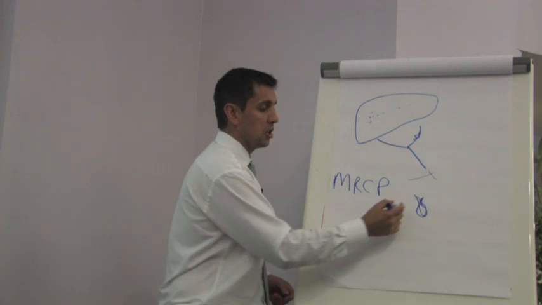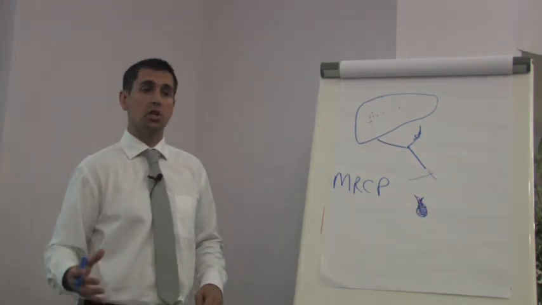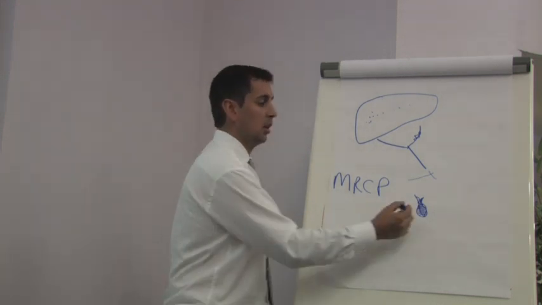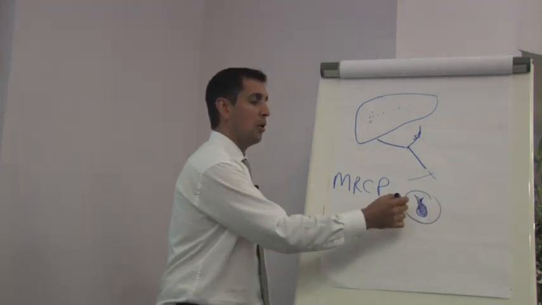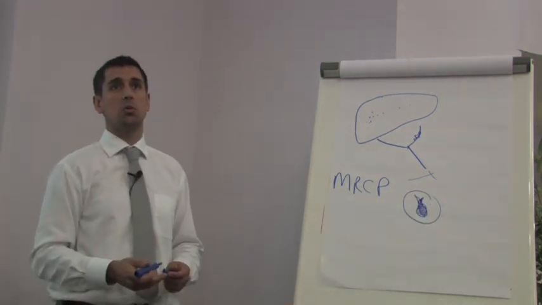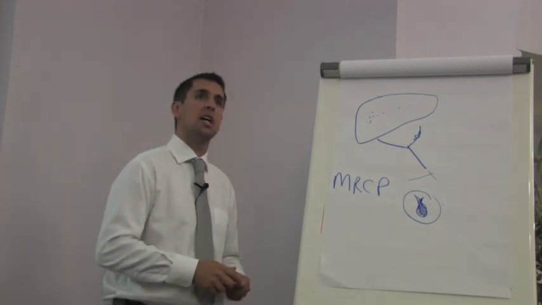So you deposit iron in your pituitary gland, meaning the pituitary gland doesn't work as well as it should, and that's why you end up with impotence and hypogonadism, because it's secondary hypogonadotrophic hypogonadism. That's what they tend to focus questions on. FSH and LH levels.